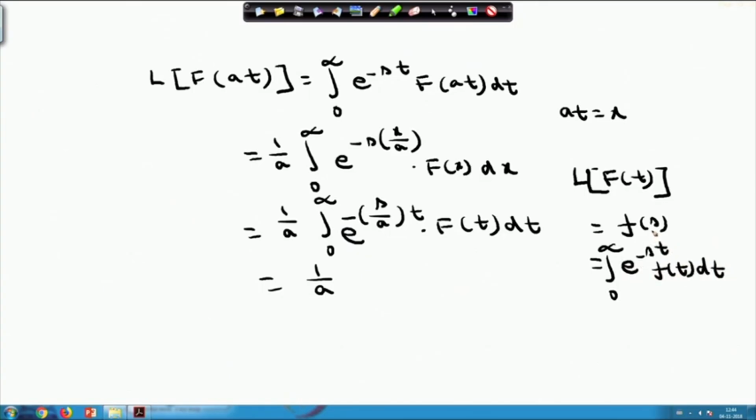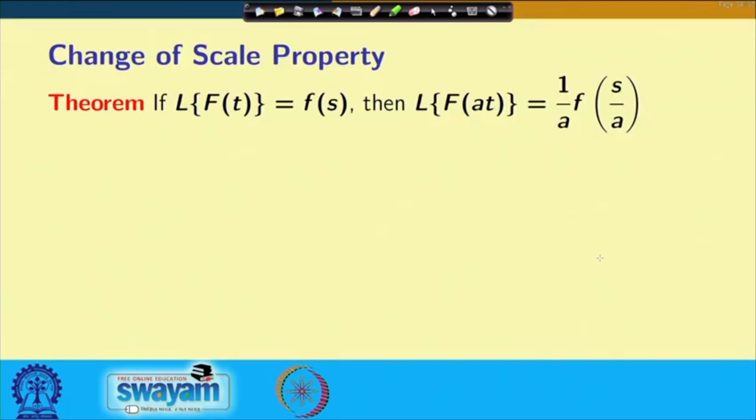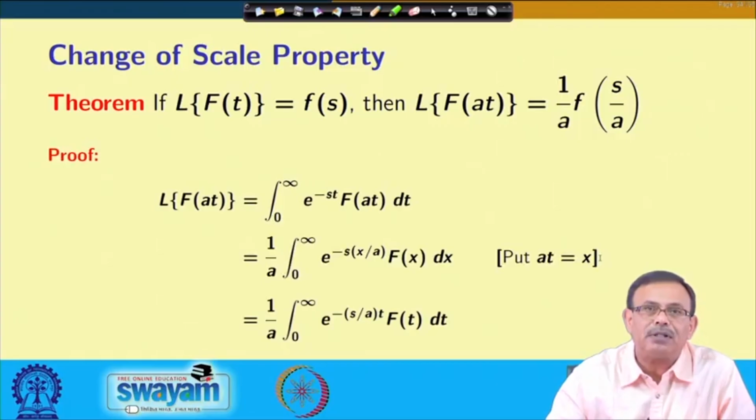So, if I change s to s by a, then you will get e power minus s by a into t into f t dt, and in place of f s, this will become f of s by a. So, 1 by a into f of s by a. Therefore, the Laplace transform of f of a t is equal to 1 by a f of s by a. This completes the proof. So, just quickly see this thing. This is equal to 1 by a f of s by a.